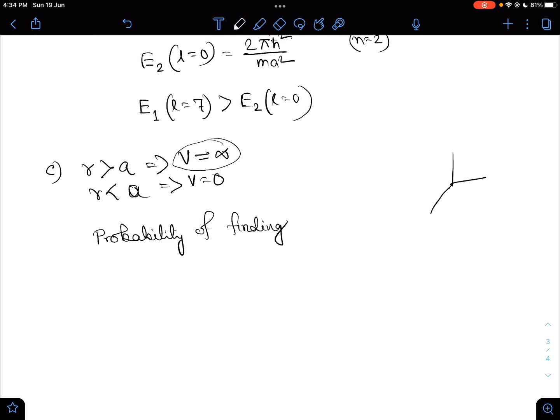Like in radial coordinates, suppose this is r equal to a. Here we have potential 0, and everywhere else we have potential infinite. So the electron cannot be in any of these places. It is bound to be found in this region.